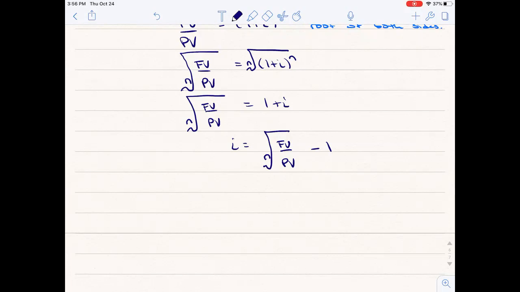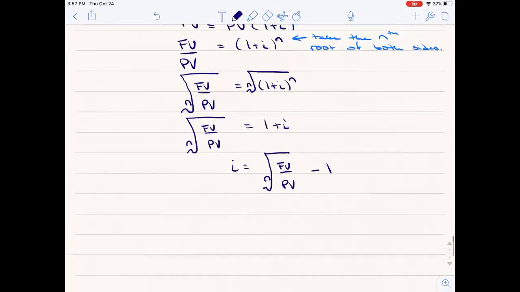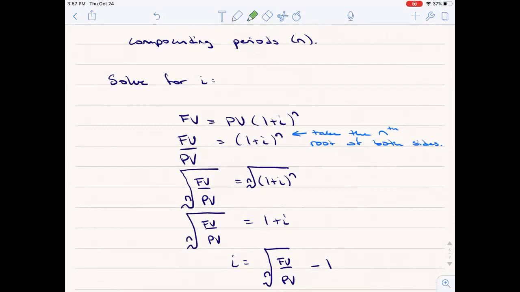And I see that a lot where people forget to subtract the 1 and it messes up all your answers. So you have to remember to subtract that 1. Because otherwise it's like 103% instead of 3%, for example. I'll highlight this because we're going to solve for I and then for N.